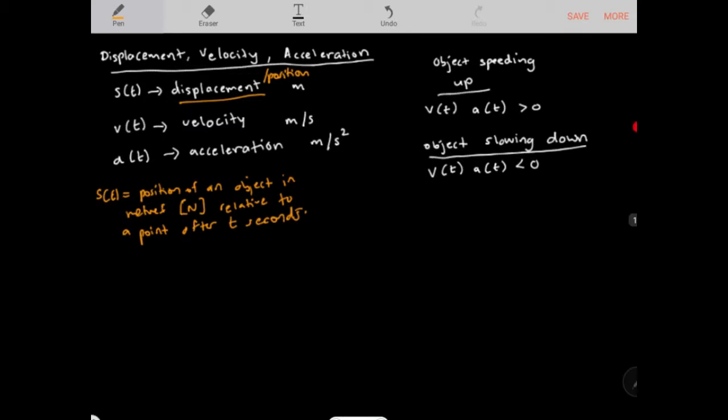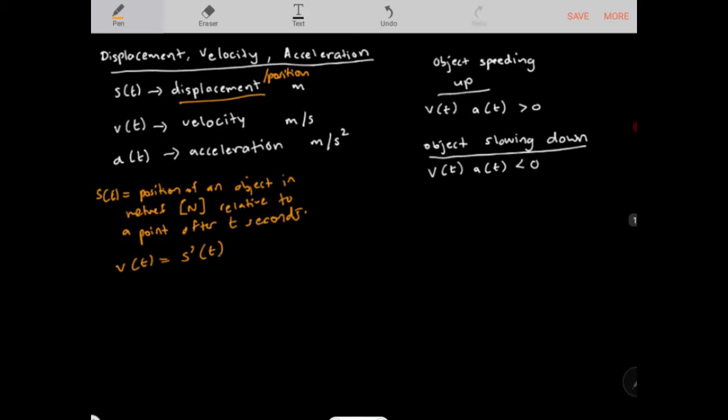Now velocity is the rate of change of position, and when we looked at instantaneous rates of change, we looked at the slope of the tangent. Therefore, if velocity is the rate of change of position, velocity is basically the first derivative of the position function.